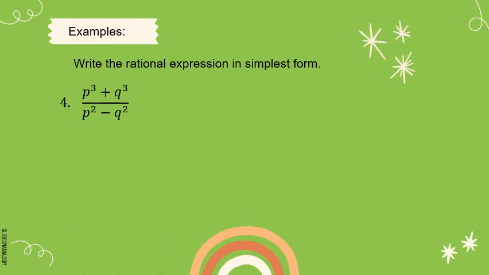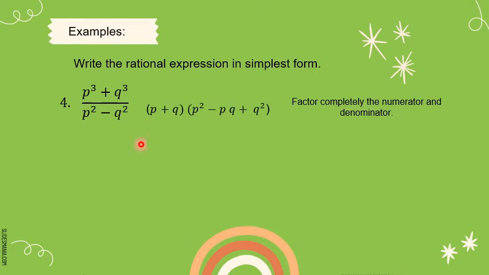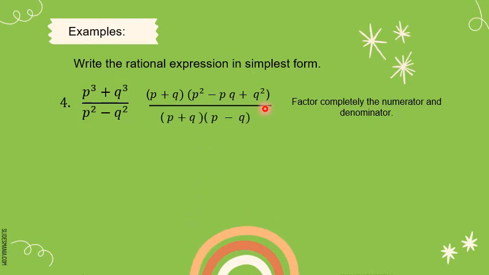Number 4, p cubed plus q cubed over p squared minus q squared. Now, this is the sum of two cubes, and this is the difference of two squares. So let's factor first. We have the factor for this one, and in the denominator this is the factor.